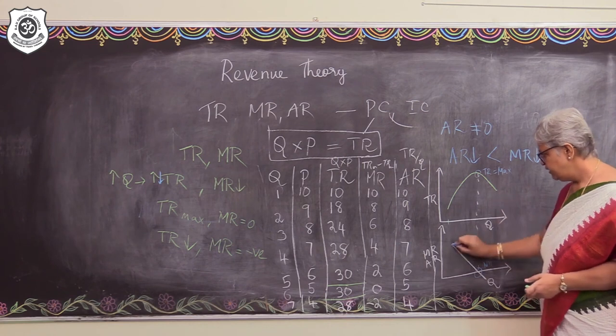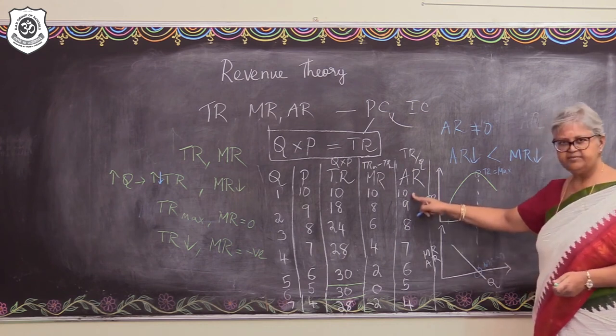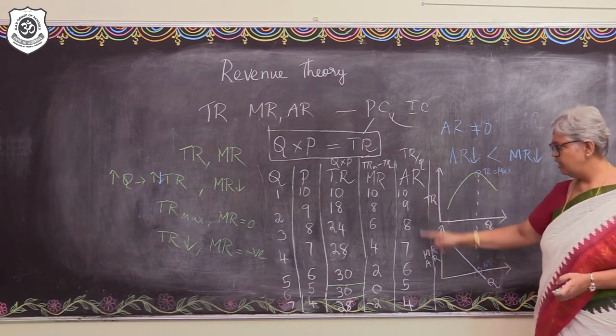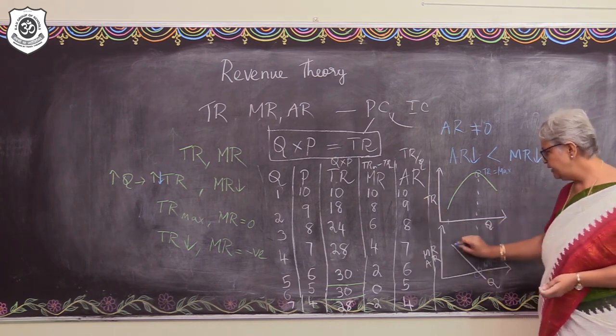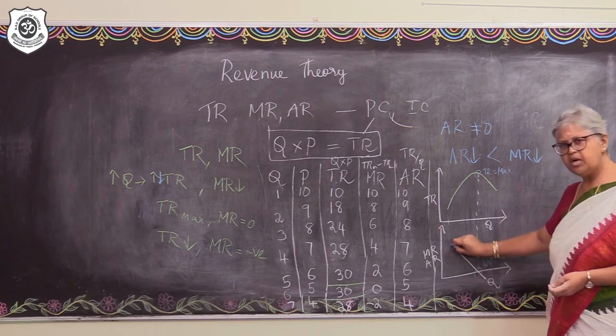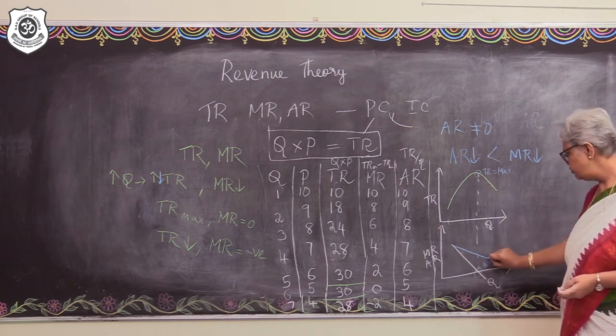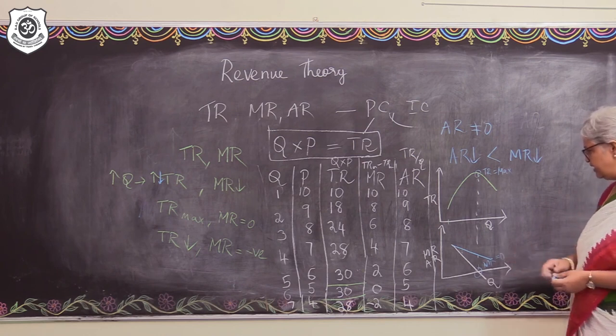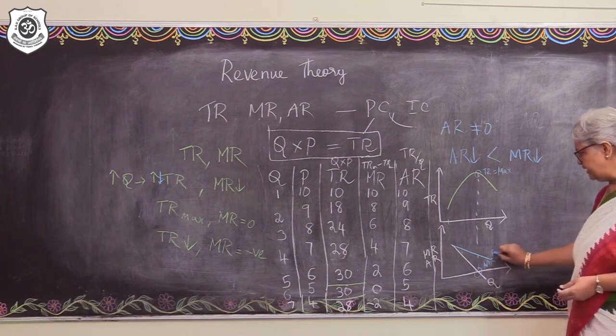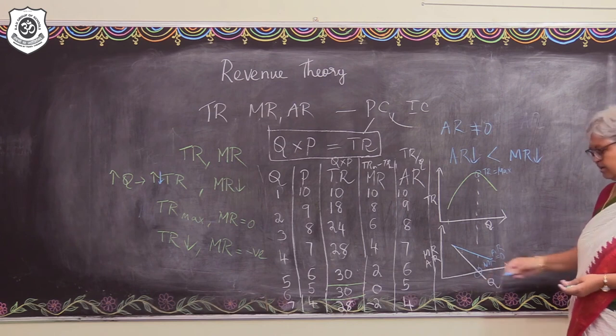Then, what about the average revenue? Average revenue also begins from 10 and then it falls, but the fall is much gentler. So the average revenue curve, if you plot it, will be a much flatter curve and it will lie above the marginal revenue curve.